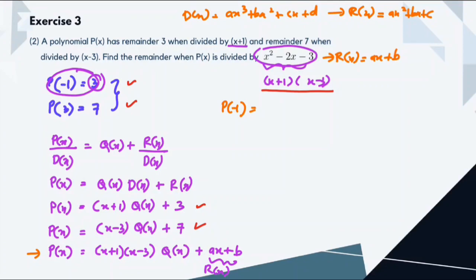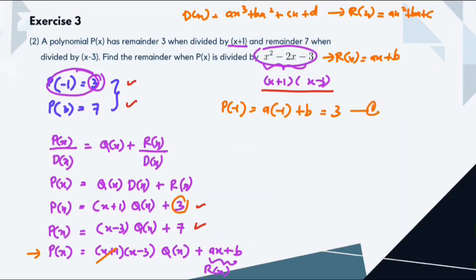The factor x + 1 becomes 0, so q(x) times 0 is 0. What is left is only the remainder, so a times -1 plus b equals 3. This is our first equation.